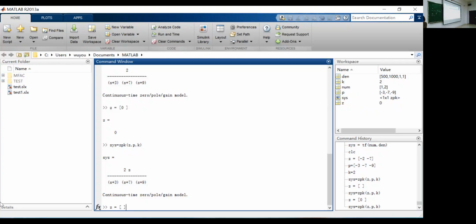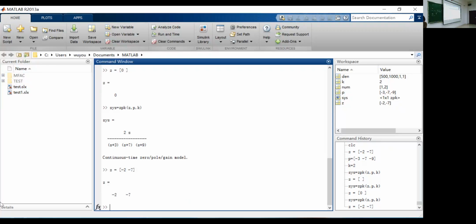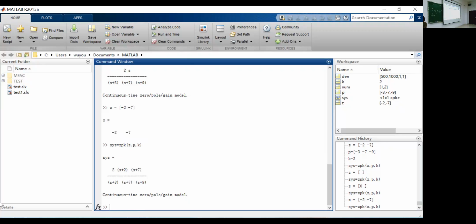So we need to go back to the system we have here, right? We have a system in this form. Then we want to change it into the transfer function TF form. Here's one code you can use.